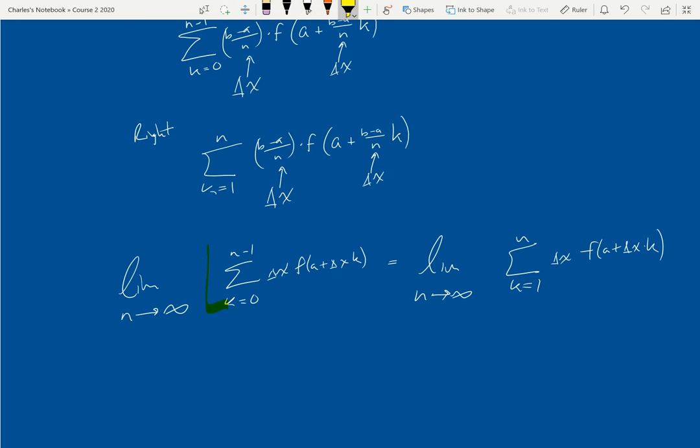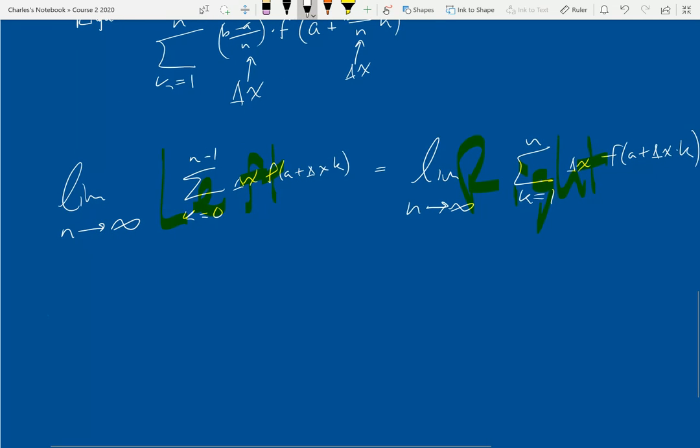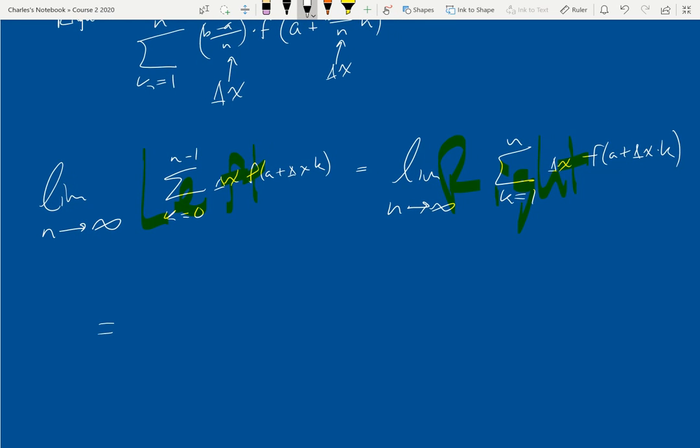Again, this is left and this is right. And this is what we call this integral figure, this integral from a to b of f of x dx.